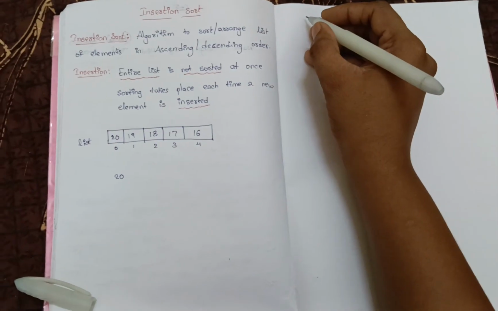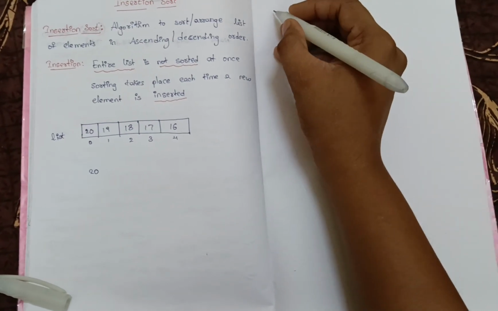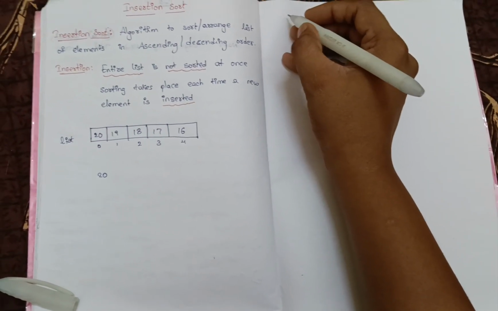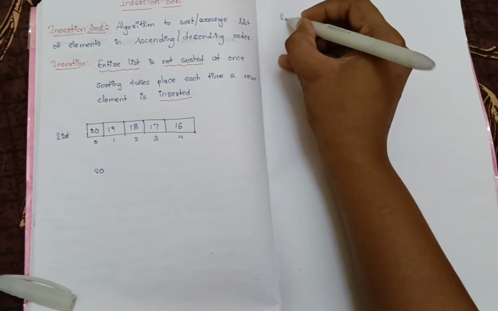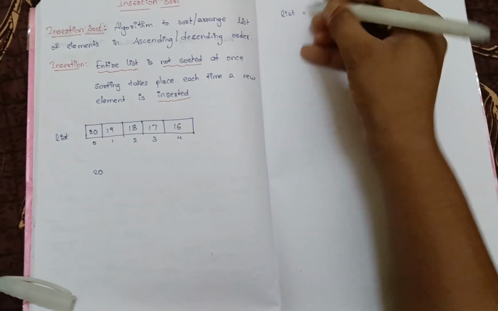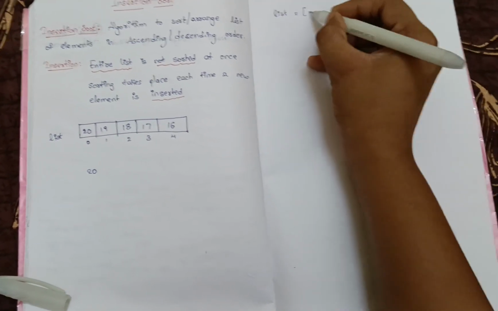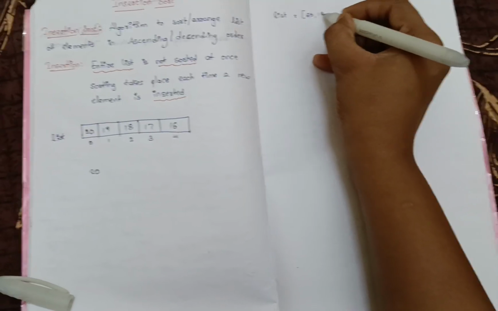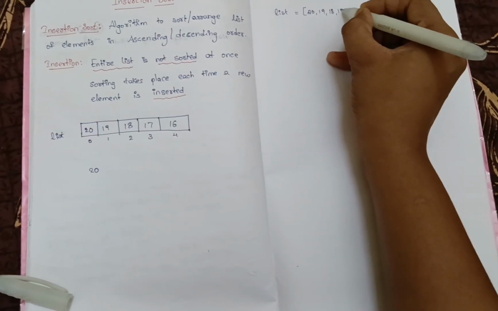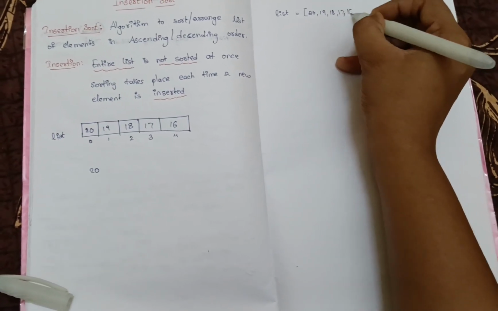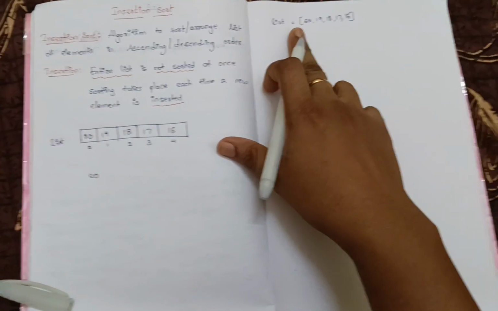I'm declaring and initializing the array with the elements 20, 19, 18, 17. Now the list is ready.